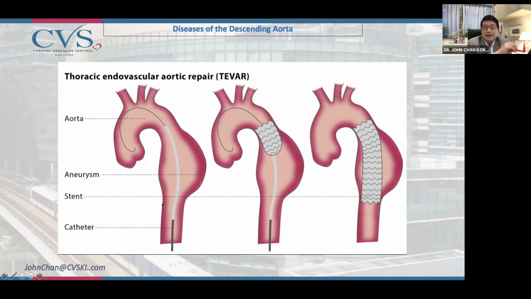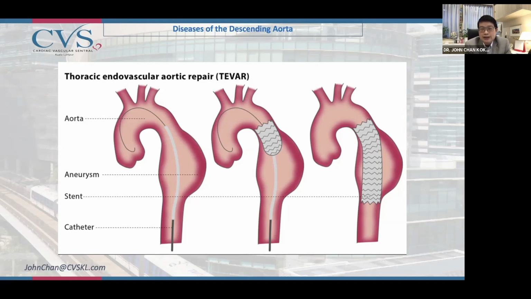So through a small incision in the femoral artery in the groin, we can push up this graft and then release the graft in the descending thoracic aorta to exclude the dissected part of the aorta. This is a procedure called thoracic endovascular aortic repair, or TEVAR.